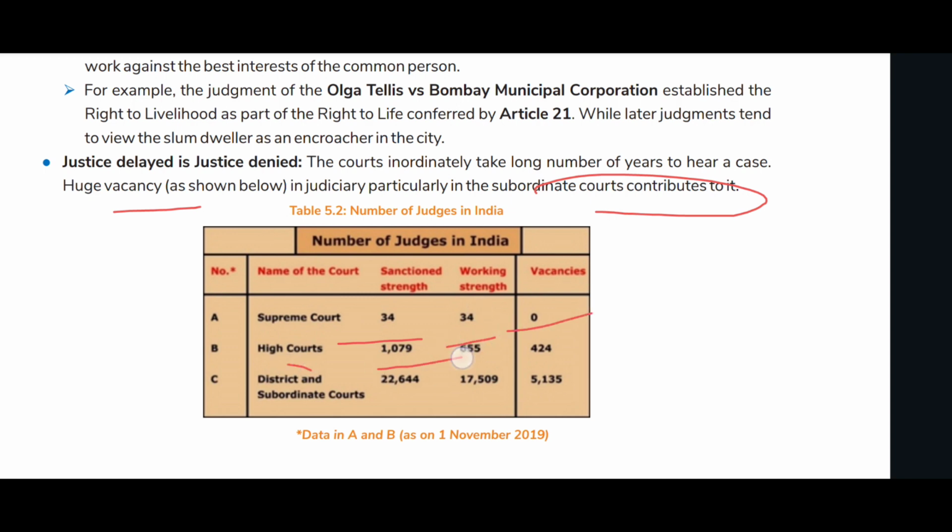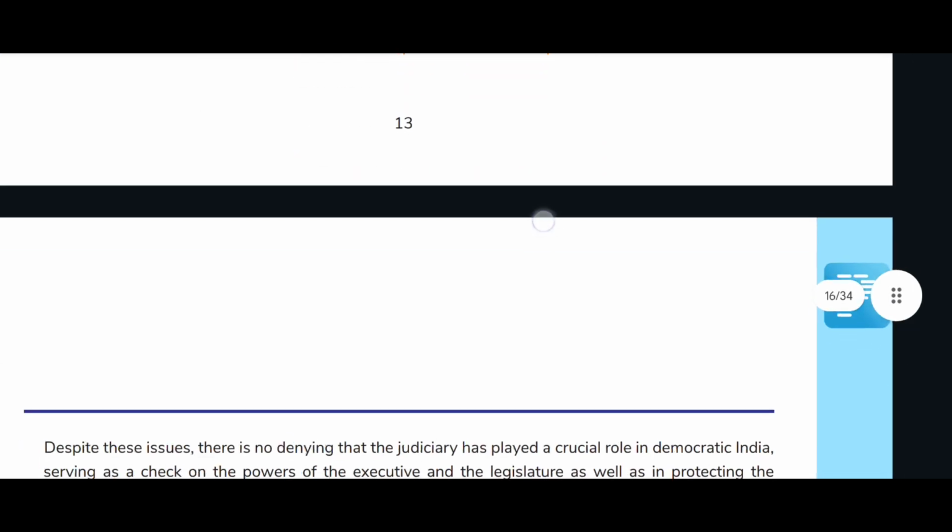High Court: sanctioned 1079, working 655, and the vacant posts are 424. District and subordinate court sanctioned strength is 22,644, working strength is 17,509, and vacancies are 5,135. This data is as of 1st November 2019.